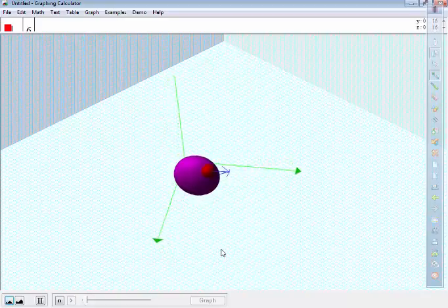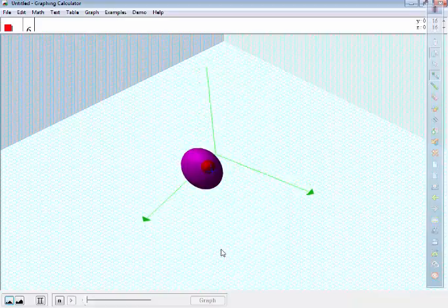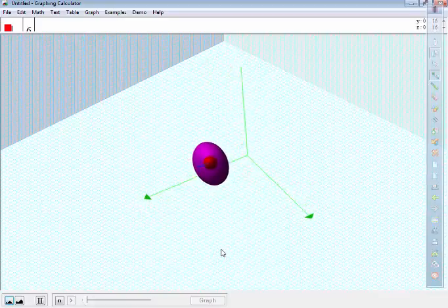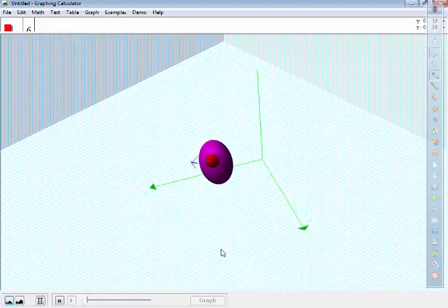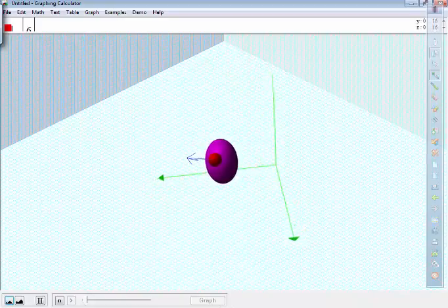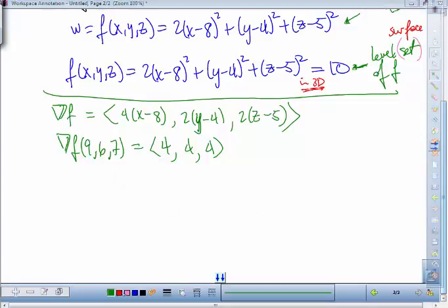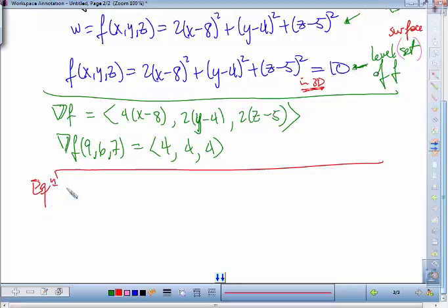Right? So if I wanted to find the equation of the tangent plane, well, I have a point and a normal vector, so that's as good as done, right? So let's find the equation of the tangent plane using the gradient. What do we know?